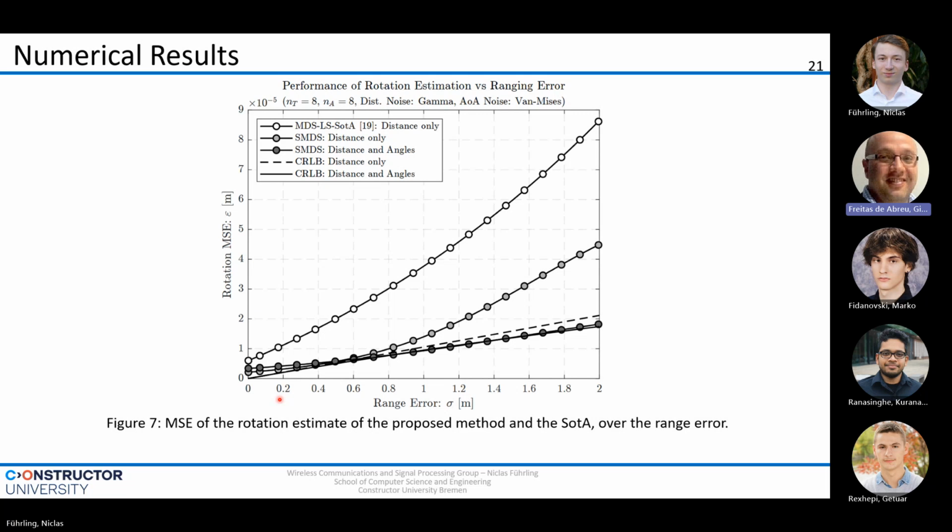So the confidence is too low, then there are different formations that satisfy those distance measurements. That's why you get such a huge gap between the distance-only CRLB and the distance-only algorithm. Now, when you have both distances and angles, the presence of angles prevents such structural problems, and therefore the bound comes much closer to the actual achievement of the algorithm.